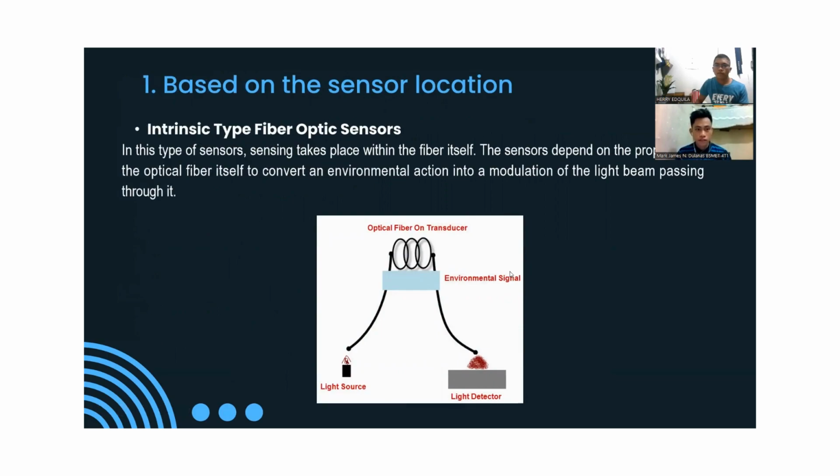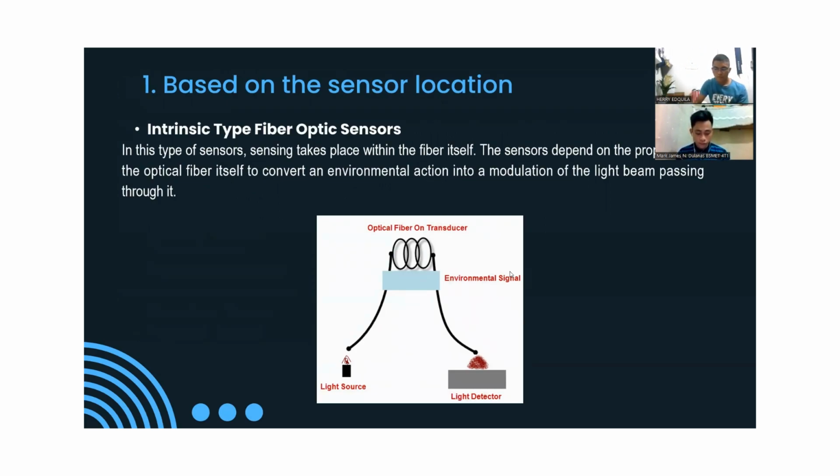Based on the sensor locations, first, intrinsic type fiber optic sensors. In this type of sensor, sensing takes place within the fiber itself. The sensors depend on the properties of the optical fiber itself to convert environmental actions into modulations of a light beam passing through it.